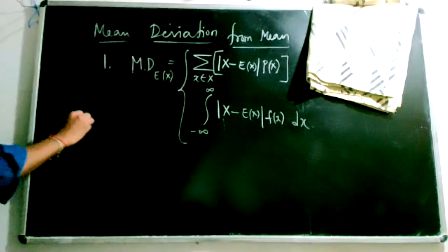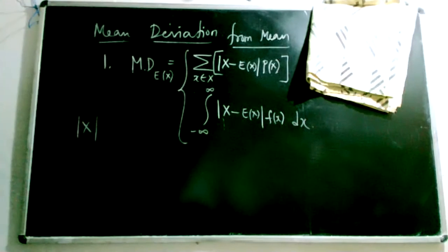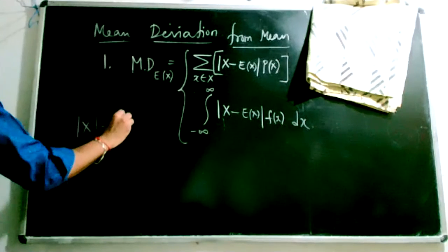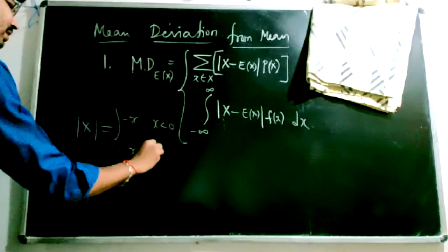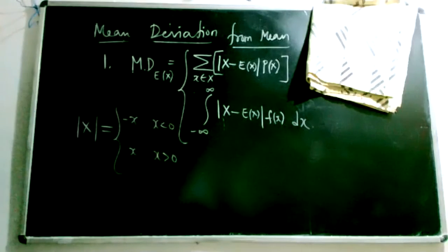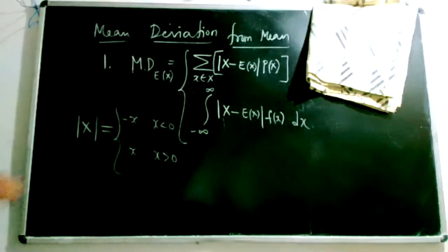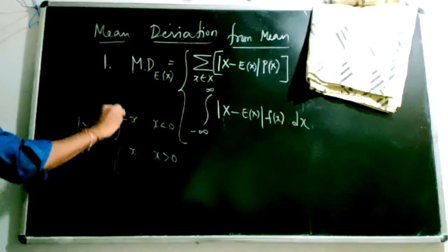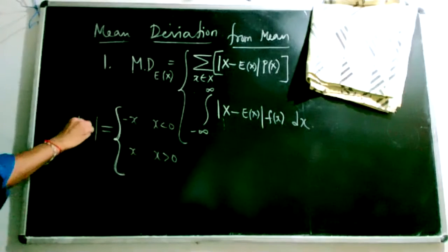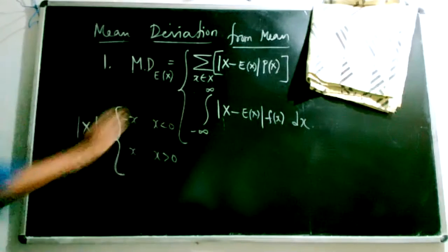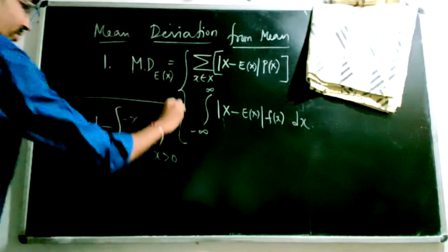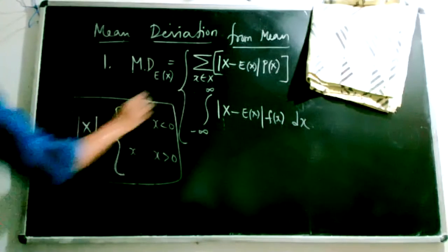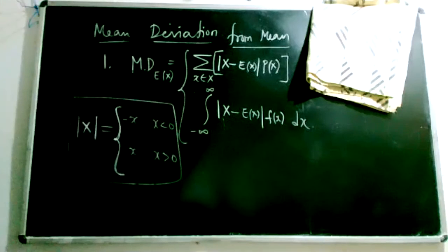You know mod of any g of x takes a negative value of x in the negative region and positive value in the positive region. So you will be using these definitions, simple mathematical definitions or known results, in evaluating the integrals. So you have to look carefully. You should know the mathematical concepts. So here, if you put median in place of E of x, you get mean deviation from median.